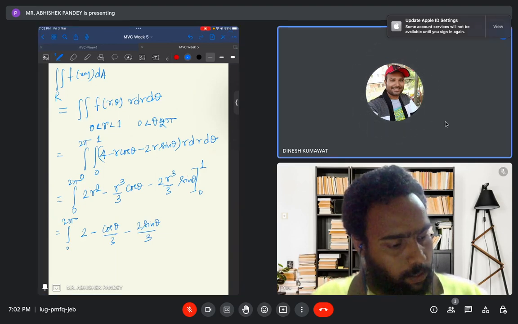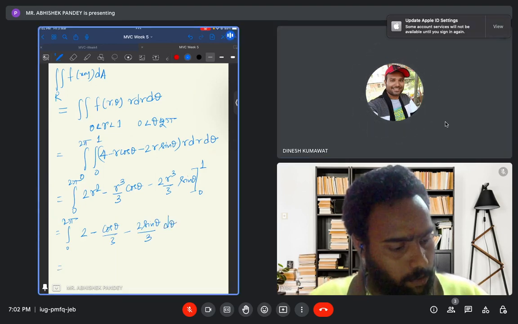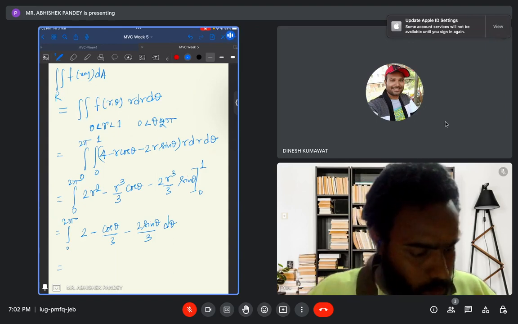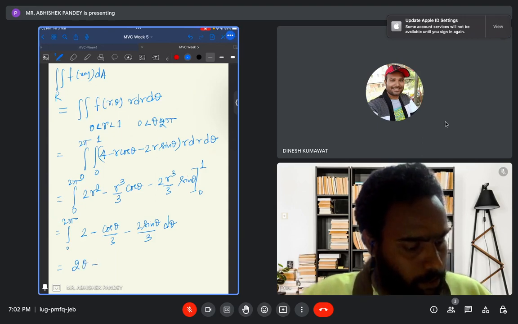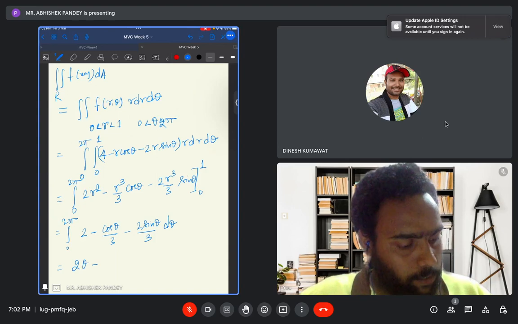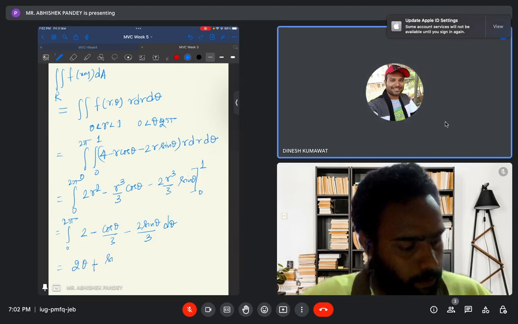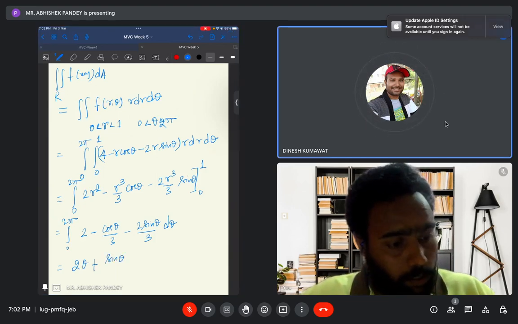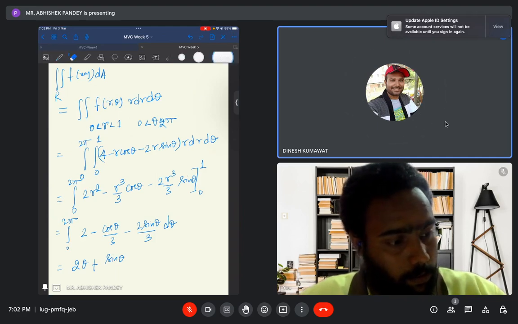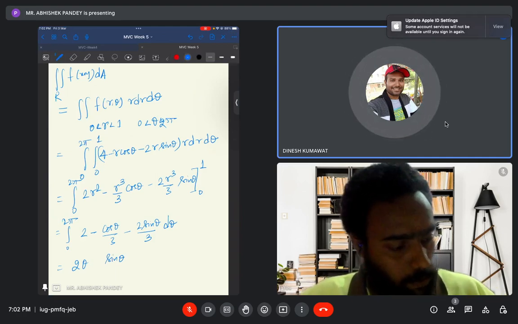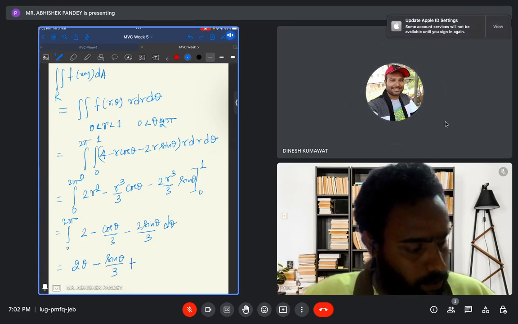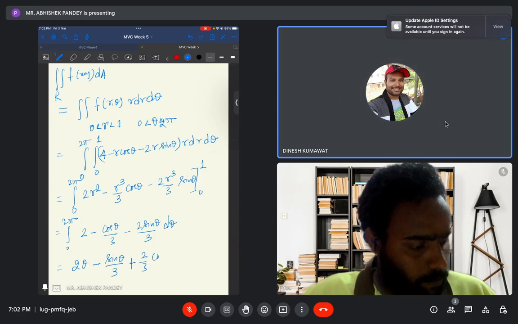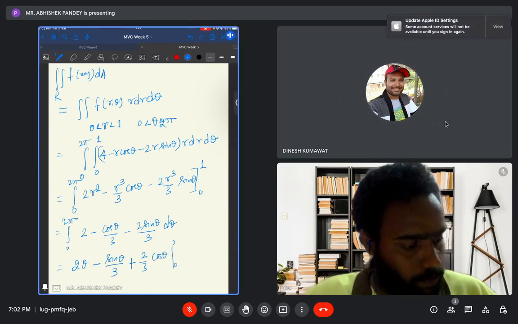Now d theta. You will get 2 theta minus sin theta by 3, plus 2 by 3 cos theta, from 0 to 2 pi.